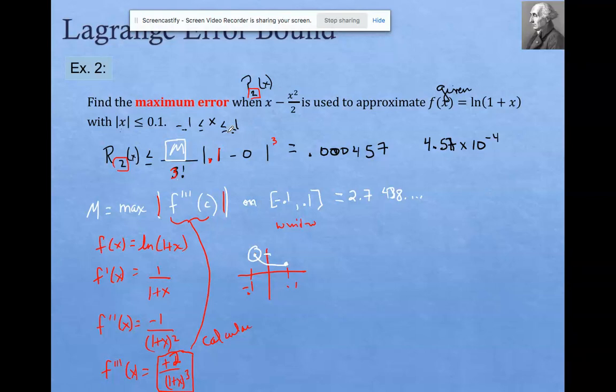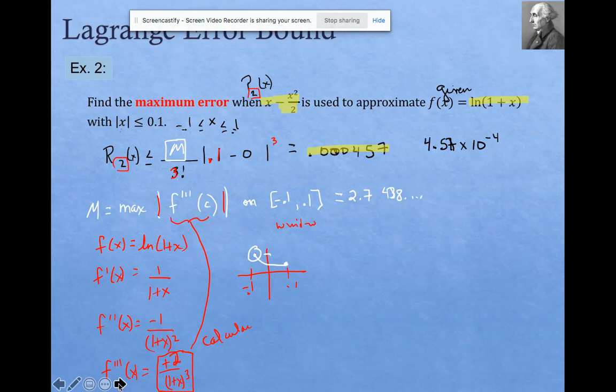That's pretty good. This is the Lagrange error bound, this number, for using this second order polynomial to approximate this natural log function. Crazy.